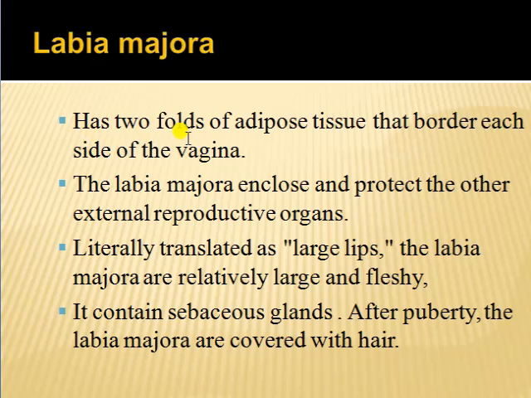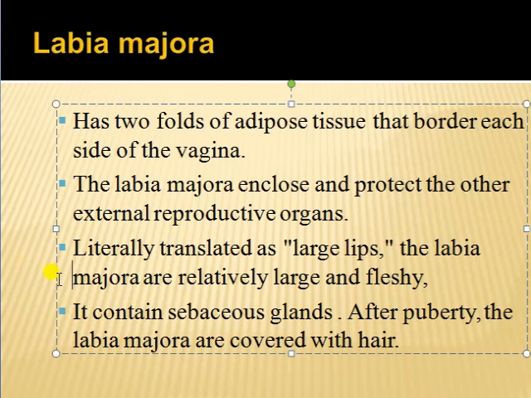The labia are two folds of adipose tissue that border each side of the vagina. The labia majora enclose and protect the other external reproductive organs. See slide number 14.